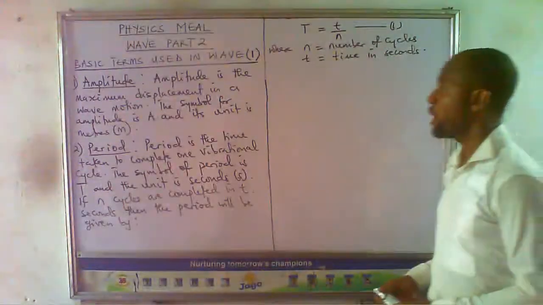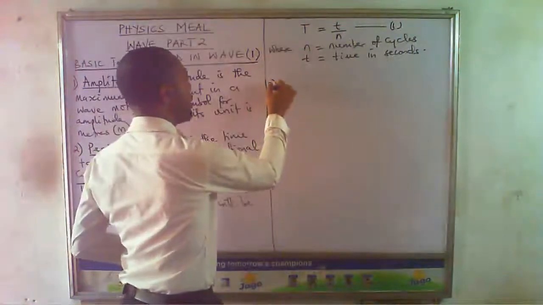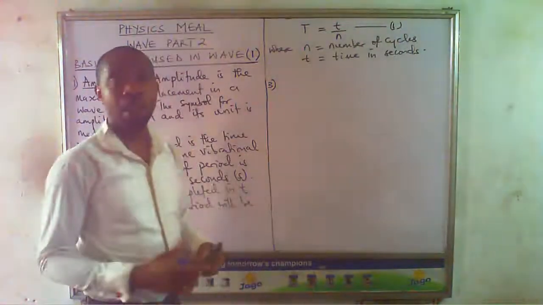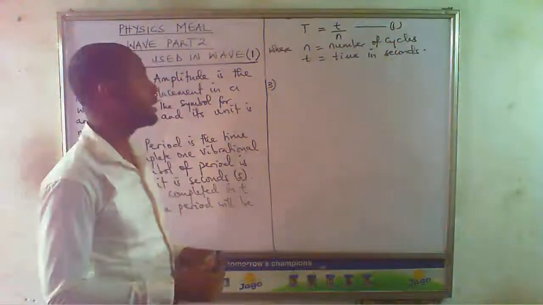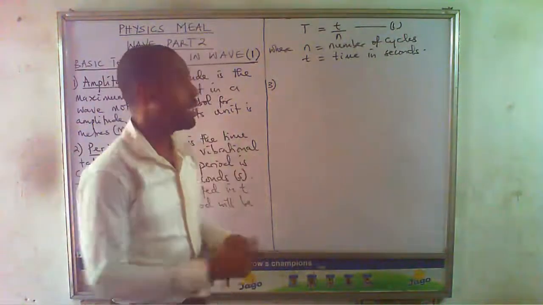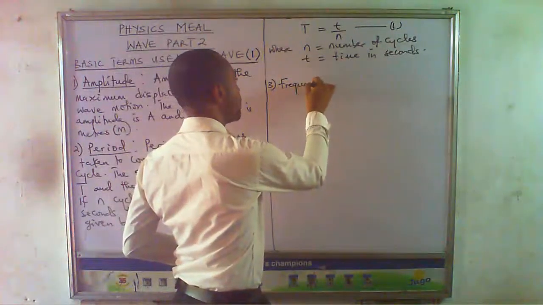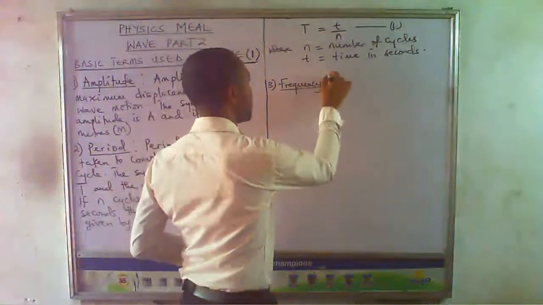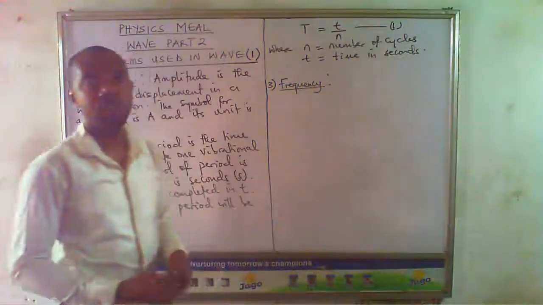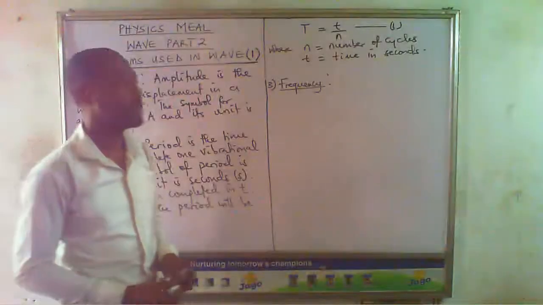All right, we have the third term that is very, very important as far as the study of wave is concerned, and that term is what we call frequency. That's the third term, frequency. What do we mean by frequency?